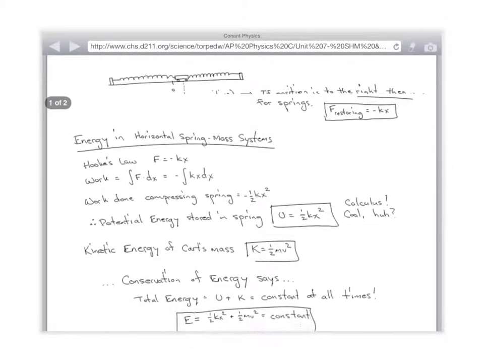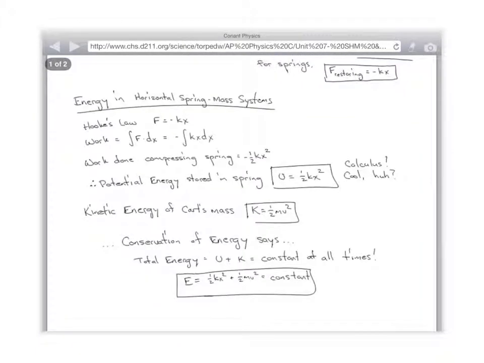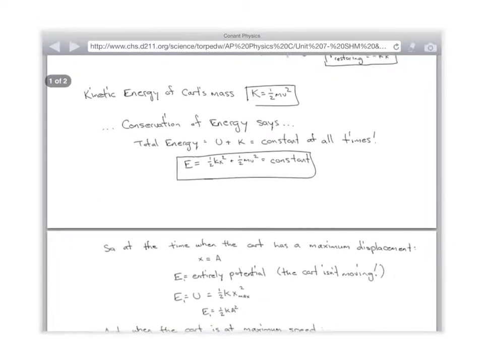So the law of conservation of energy says the total energy, the potential energy plus the kinetic energy, is what? Constant, assuming you didn't lose any due to friction. We're going to talk about friction toward the end of the unit. So the total energy, 1/2 kx squared plus 1/2 mv squared, is constant.